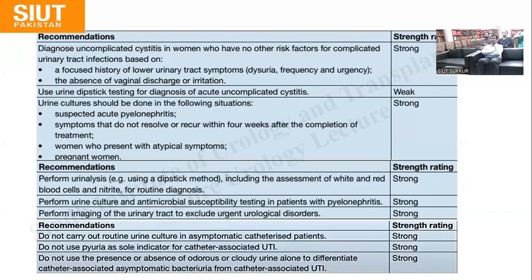Do not carry out routine urine culture in asymptomatic catheterized patients. Do not use pyuria as the sole indicator for catheter-associated UTI, and do not use the presence or absence of odorous or cloudy urine alone to differentiate catheter-associated asymptomatic bacteriuria from catheter-associated UTI. And these all have strong strength.